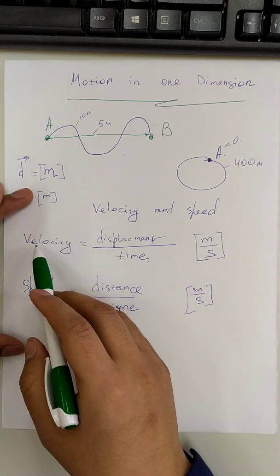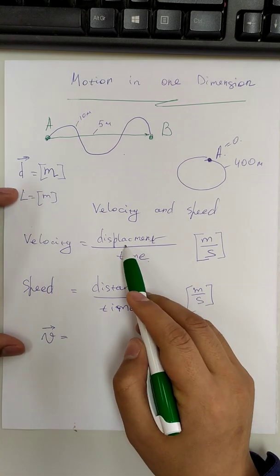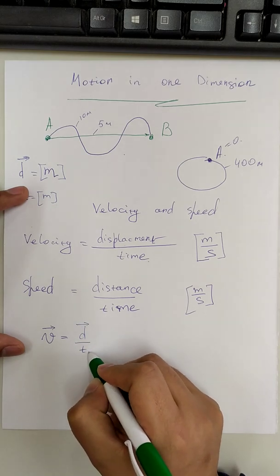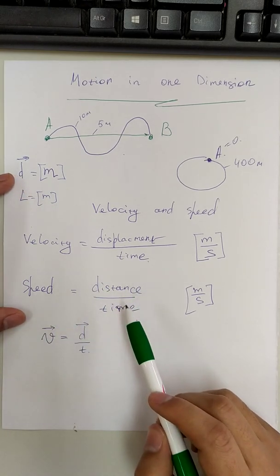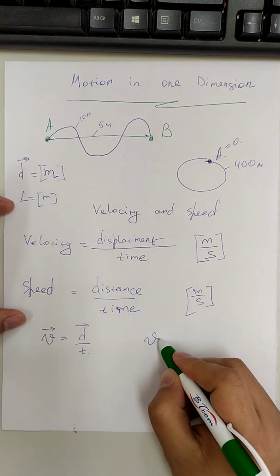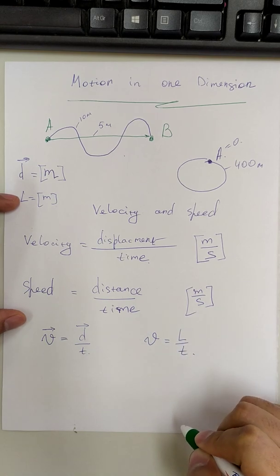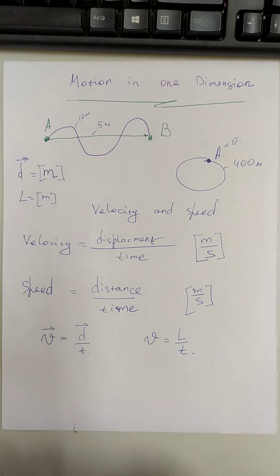In other words, velocity is a vector quantity, displacement per time. Speed is a scalar quantity, distance per time.